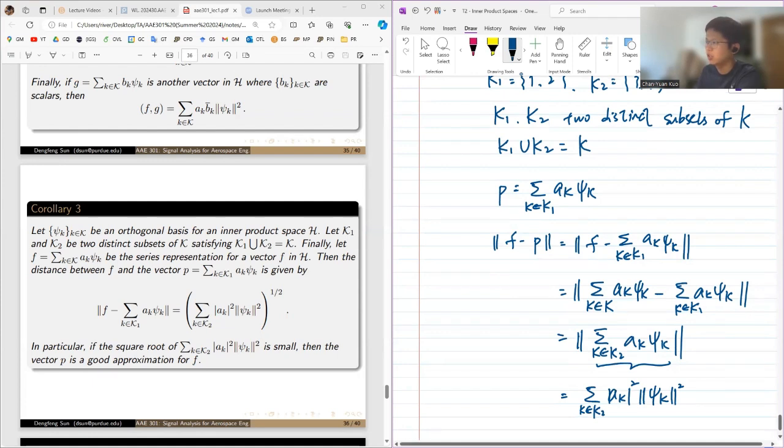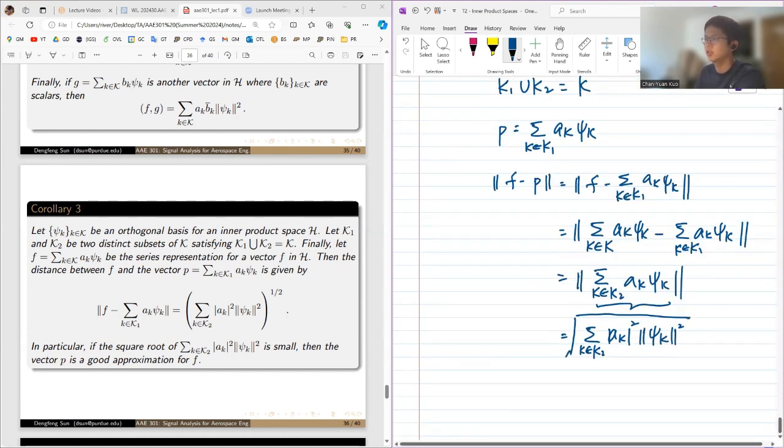And because this is the squared norm, not the norm itself, we have to take the square root of it. And this will be the distance between f and the approximation p.